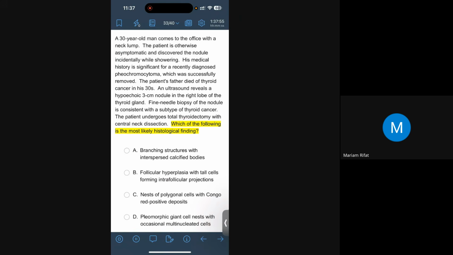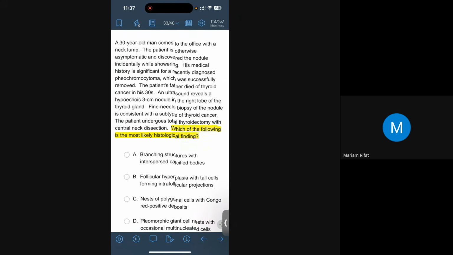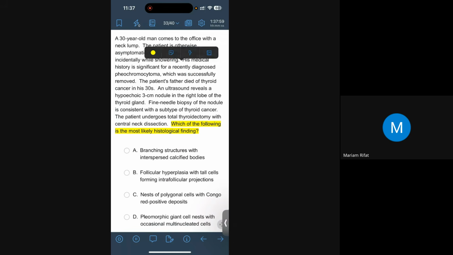His medical history is significant for pheochromocytoma. His father died of thyroid cancer in his 30s. That means some kind of genetic component is involved.